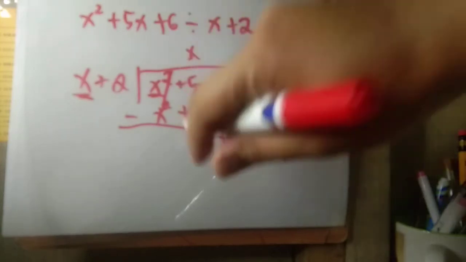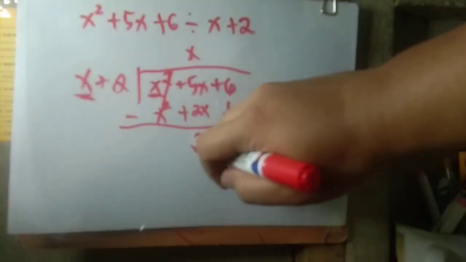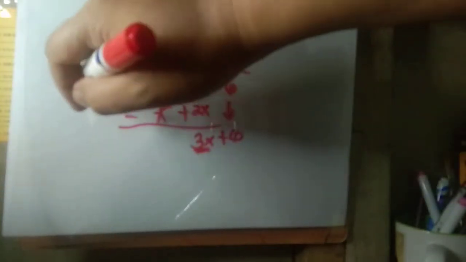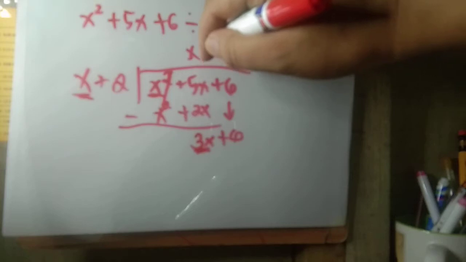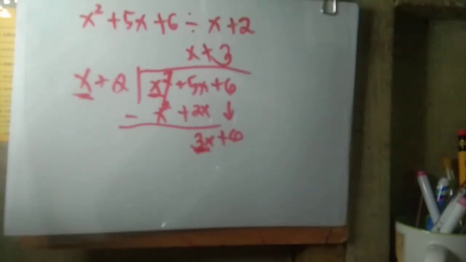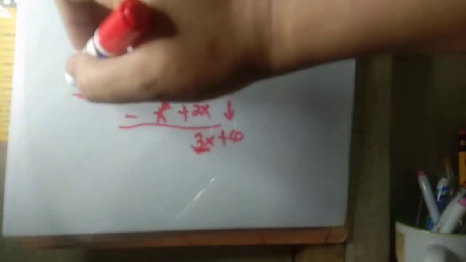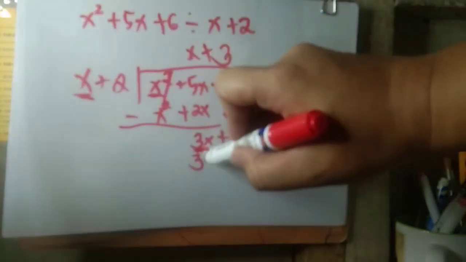And then we will be dividing again the first term for each. So we will be having 3x divided by x is equal to 3. So we will be placing 3 here. Then afterwards, we will be having 3 times x would be 3x.